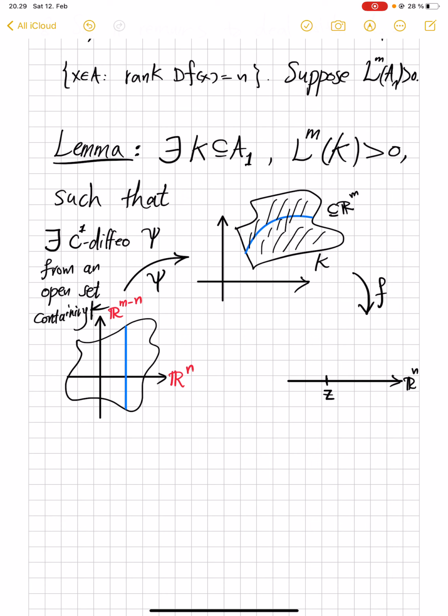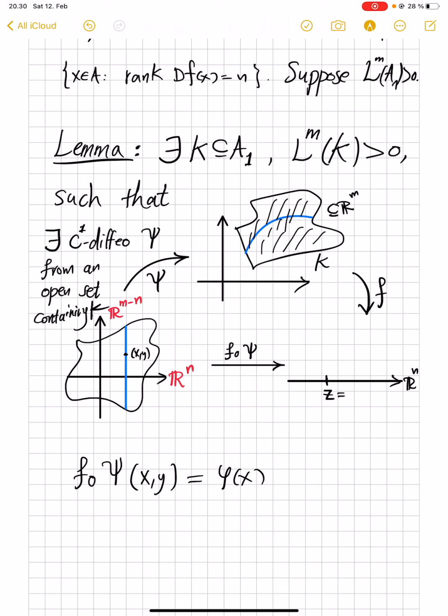Okay, so I do this, and then there's even more true here, that this composition, which is f composed with psi, satisfies this: applied to any point (x,y) it is only a function of x.